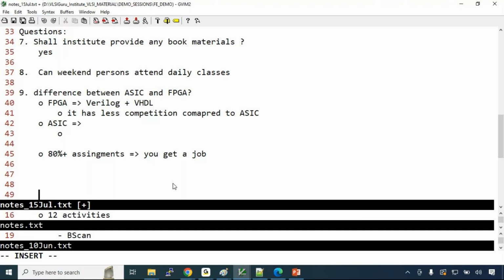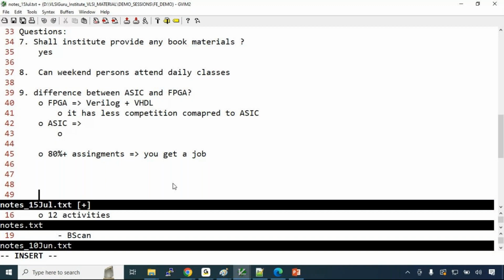Yeah, and what about the placements? I heard that from VLSI Guru, the placement team will visit VLSI Guru. Is it right?